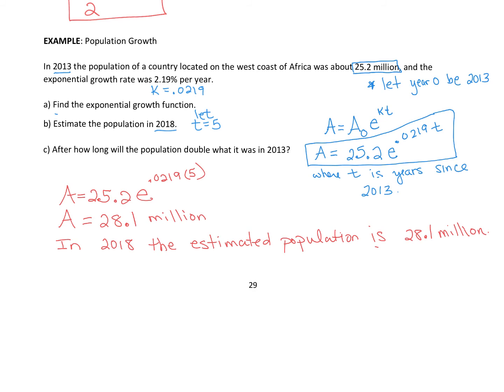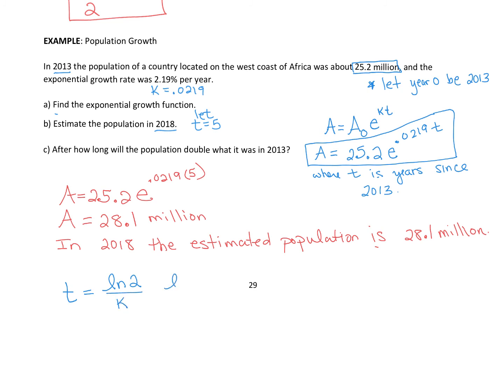In the third question, after how long will the population double what it was in 2013? Well, there are two ways that I could approach this. We know that our doubling time, t, is the natural log of 2 divided by k.